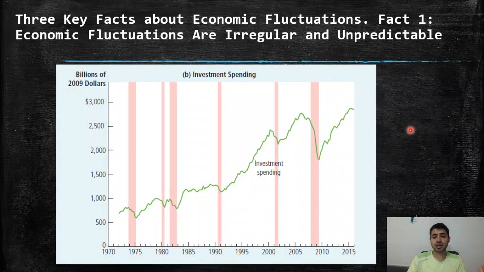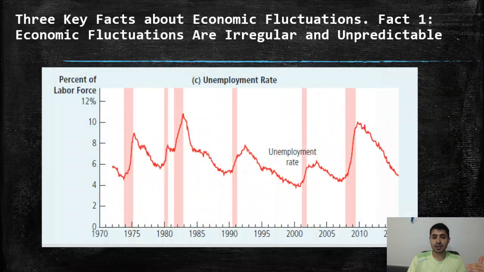Here are other macroeconomic variables that we can associate with the decline of real GDP. We have investment spending. As you can see, the decline is even sharper than before during this period of time. So these two variables are correlated in some way. And what about the unemployment rate? It has exactly the same situation.